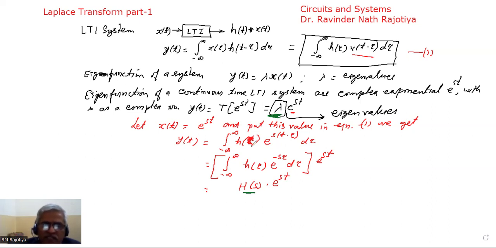I can write y(t) as H(s) times e^(st), where H(s) is the integral from minus infinity to plus infinity of h(tau) e^(minus s tau) d tau.